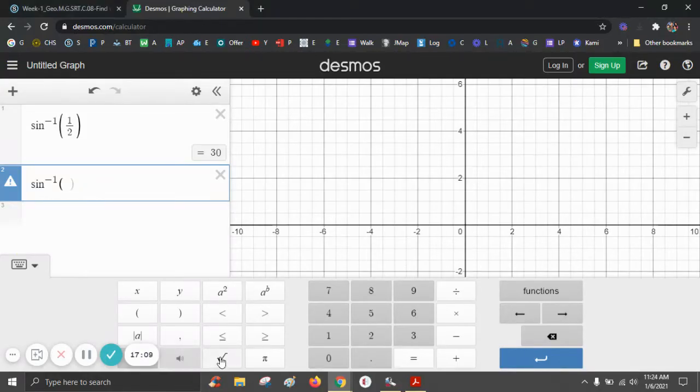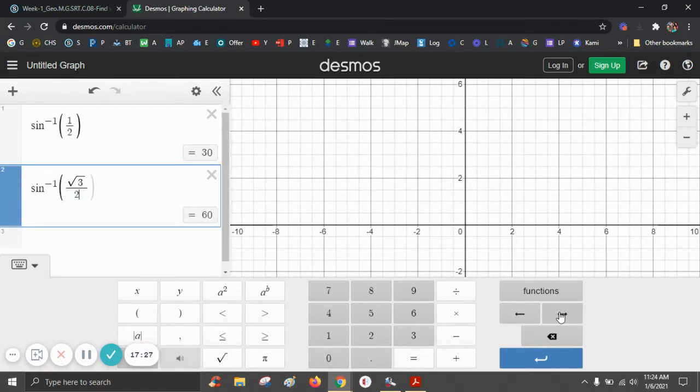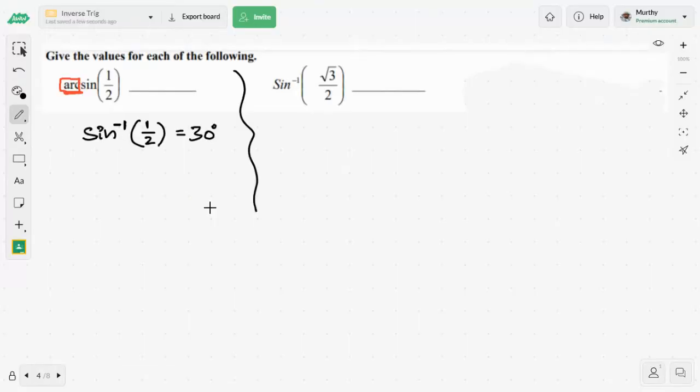So I'm using the square root symbol from the keyboard, then 3, then use the right arrow key, denominator is 2, and use right arrow key and close the parenthesis. And you see that this is 60 degrees. Okay. Questions.